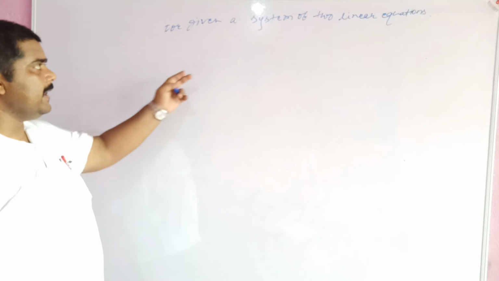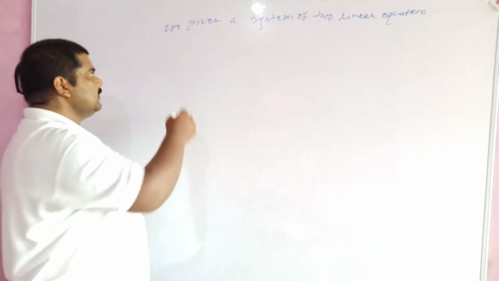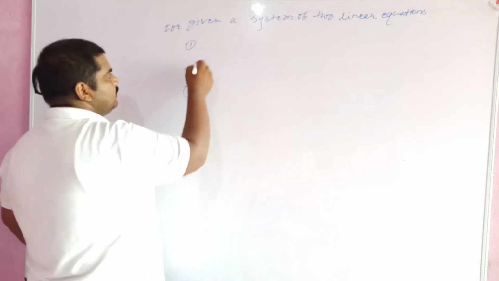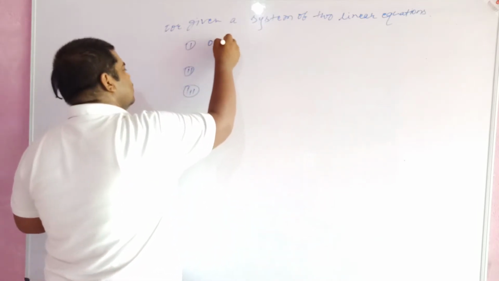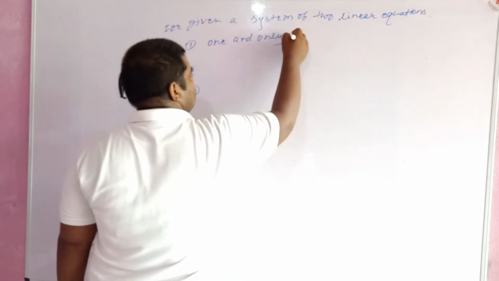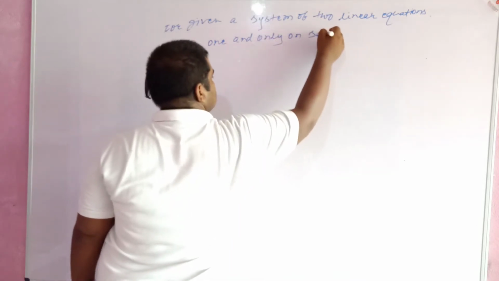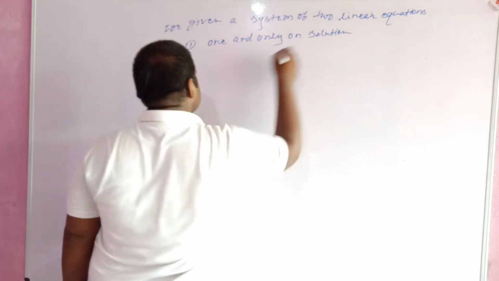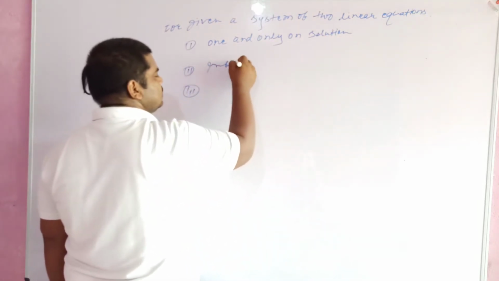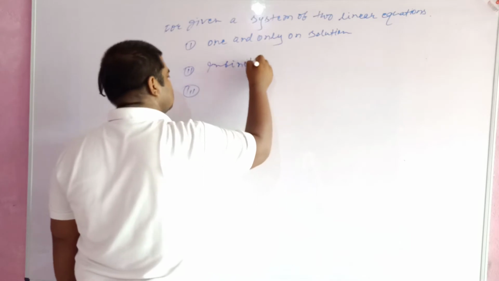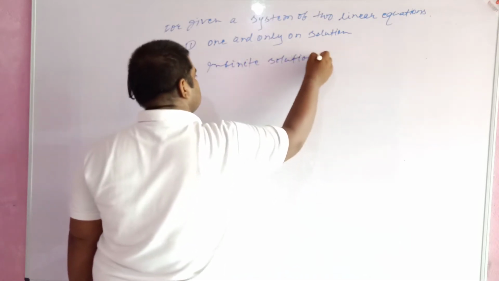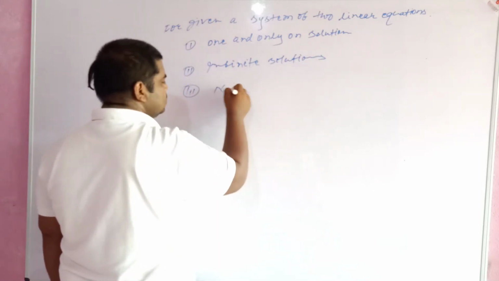So for a given system of linear equations, three possibilities are there. I have just mentioned: first, one and only one solution; second, infinite solutions; and third, no solution.